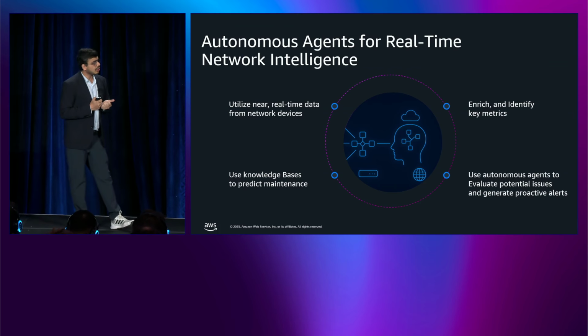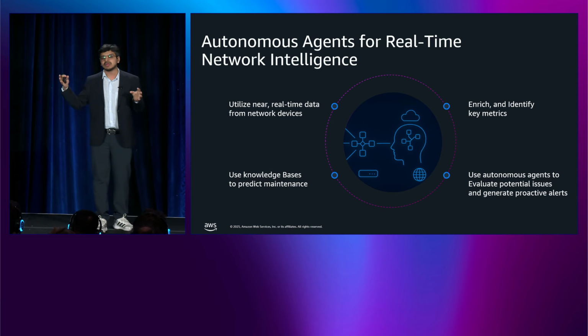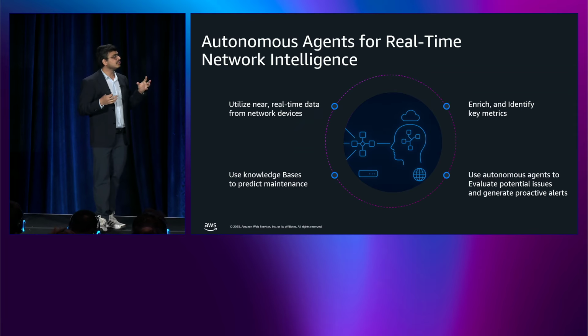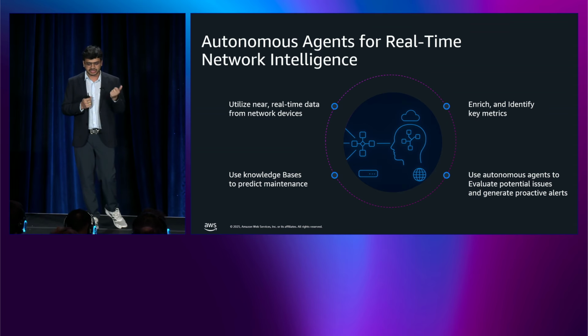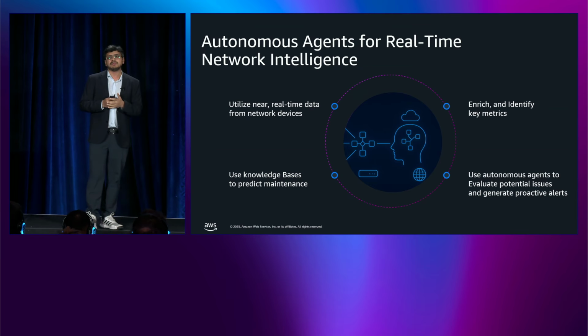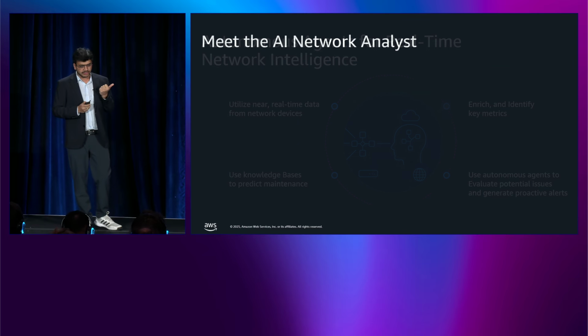Then you have the autonomous agents looking at your streaming data, and on the other side, the knowledge base having the history from past incidents. Using that knowledge base, you get suggestions with respect to, say, predicted maintenance, or what alerts you need to solve at the right moment. So that's how the autonomous agents have come into the picture.